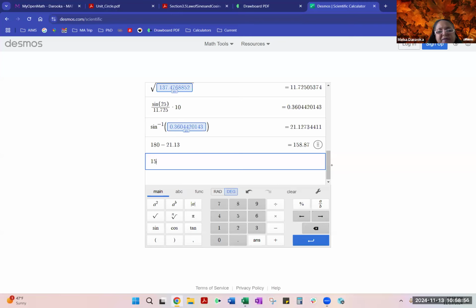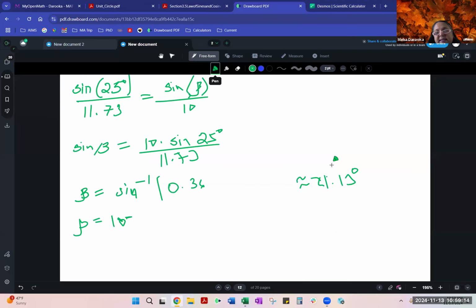So if you have 158.87, our original angle alpha was 25. We haven't even taken angle gamma into consideration, and you will see this is already coming out to be 183.87, right? So obviously we can see that 158.87 is not going to work out.